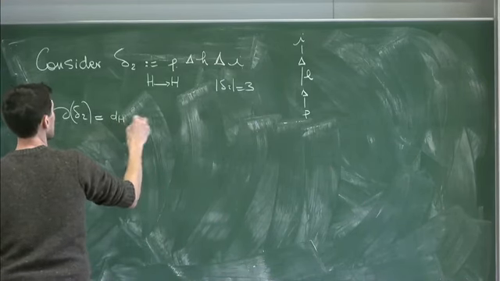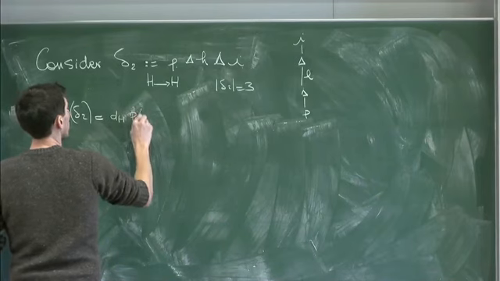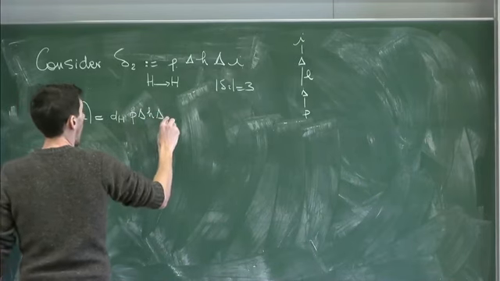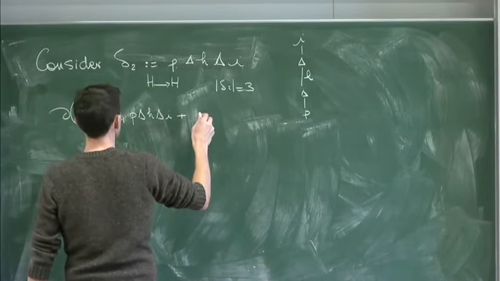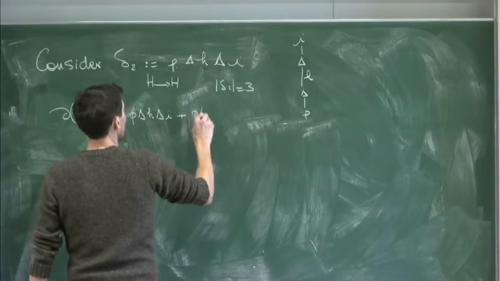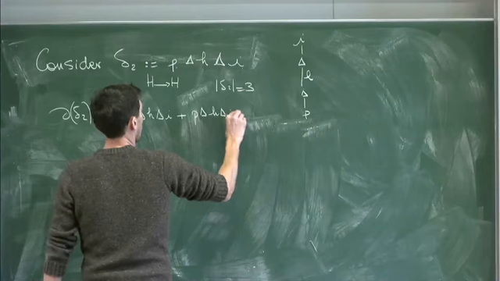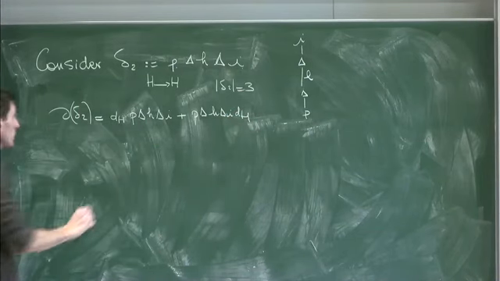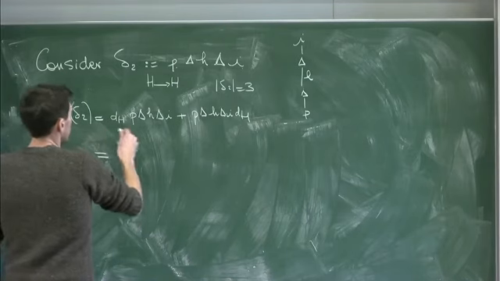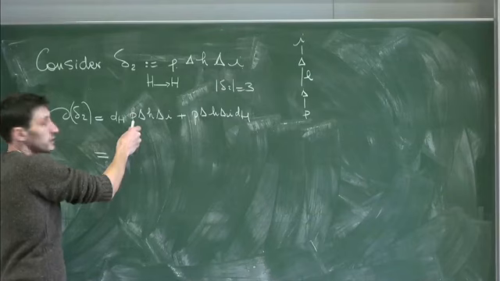Okay, so what's that? That is dH of P delta H delta I, minus plus P delta H delta I dH. I'm doing the computation for you. Okay. P is a chain map.